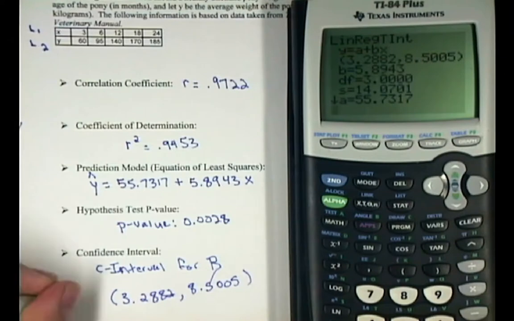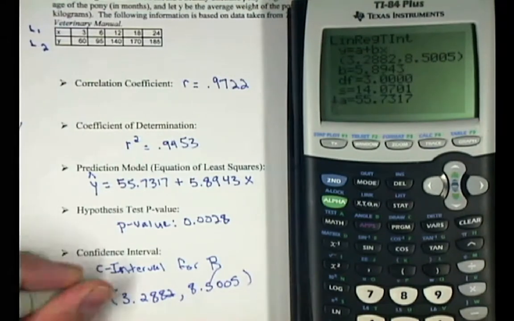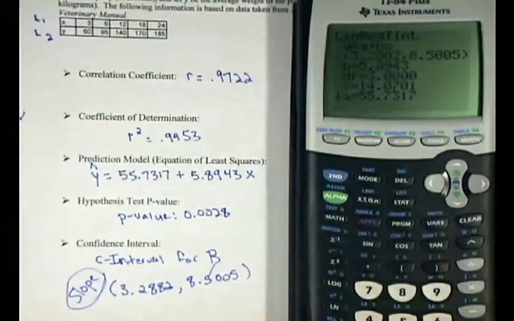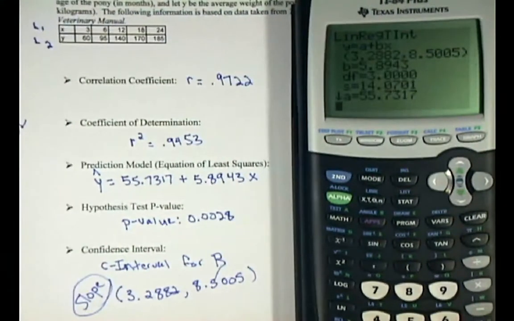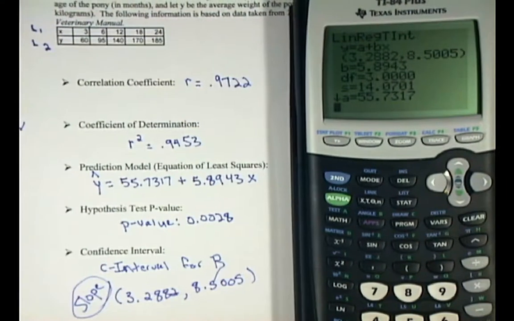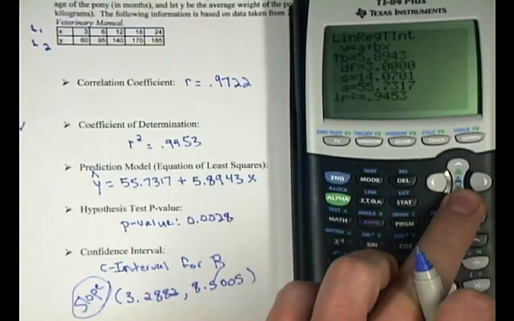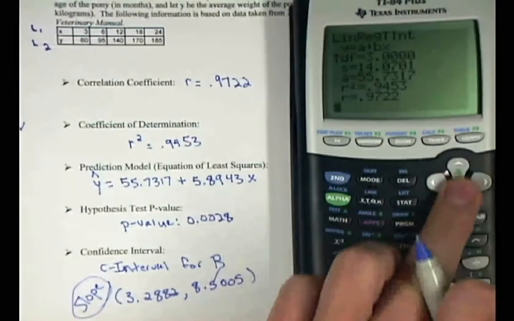Again, this is a slope interval. Now there is a response interval that we often do in regression statistics, but this calculator can't do it. If you want a calculator that can do a response interval, you're going to have to go with the TI-89 Titanium. But this calculator does indeed do a lot, and as you can see, it has all the other regression information in there as well.